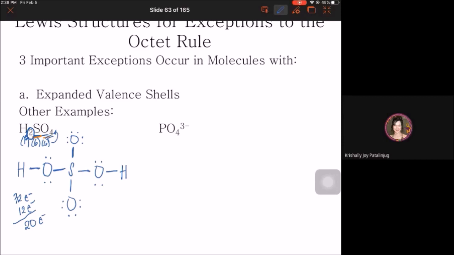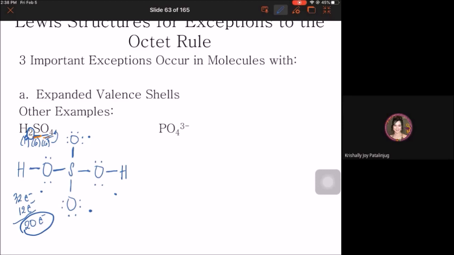Okay, so 20 na lahat. Tama ba? 12 plus 8, 20 yung na-distribute na electron. So, okay na. Ngayon, kung i-try nyo i-check yung formal charges nila, you will actually produce several non-zero na mga formal charge if ito yung magiging final answer nyo for the Lewis structure ng sulfuric acid.